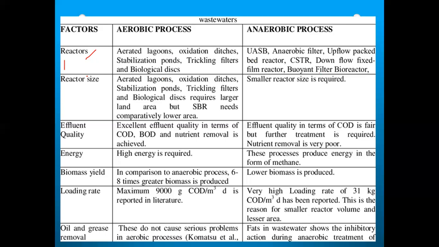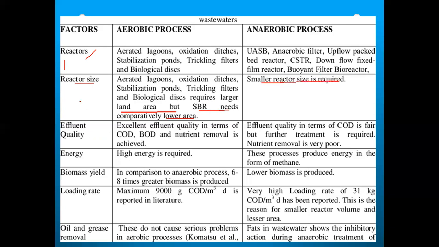Next, coming to the reactor size, aerated lagoons, trickling filters and biological discs require larger land. So when coming to the size of these reactors, we require a larger area, but the SBR needs comparatively low area, right? Coming to the anaerobic process, a smaller size is required.